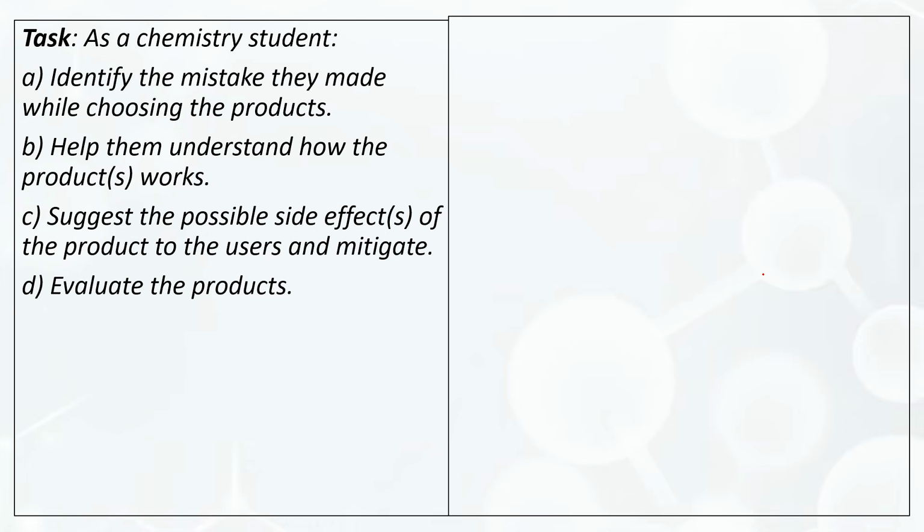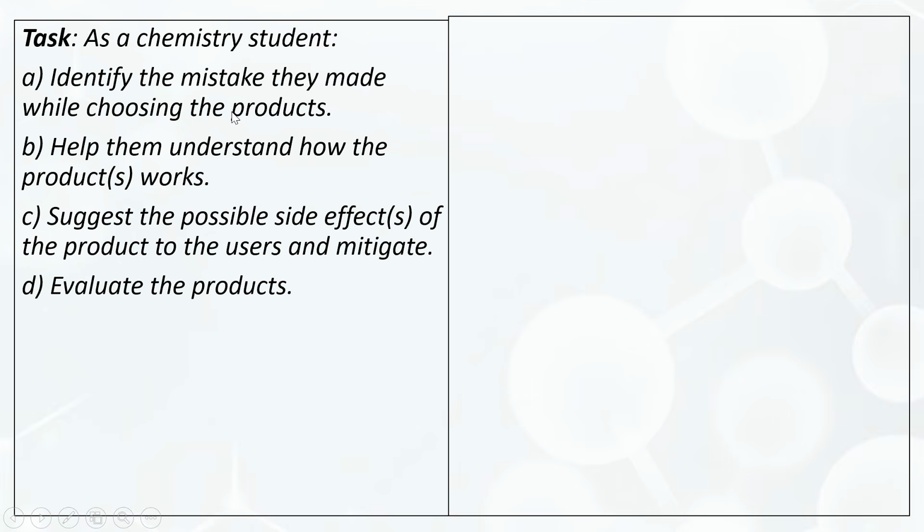Now let's see the task. In the task, they're saying that as a chemistry student, part A, identify the mistake they made while choosing the product. Which people? The people who used to go to this Mr. Model. I said, please keep on pausing and note down.